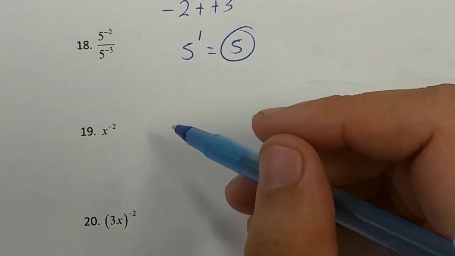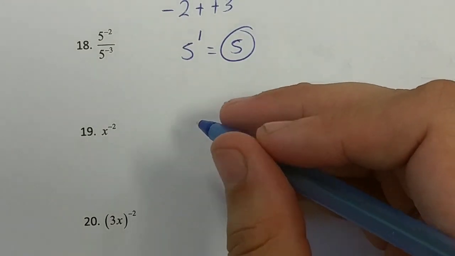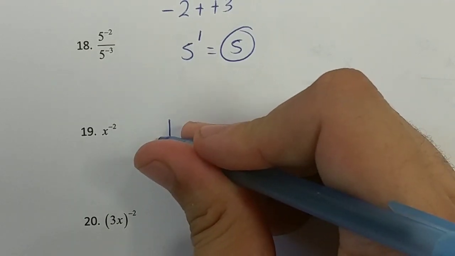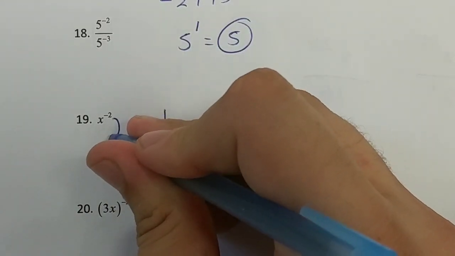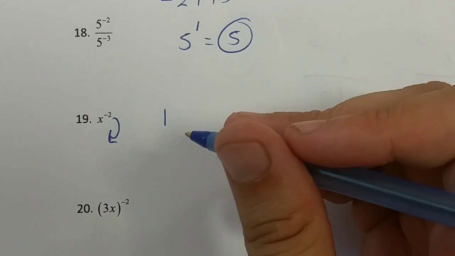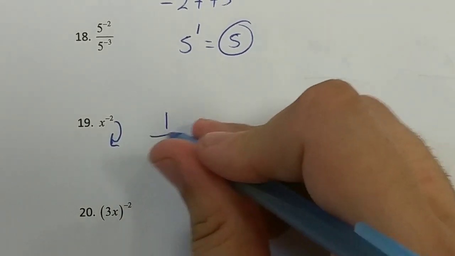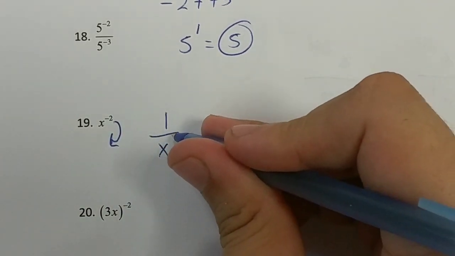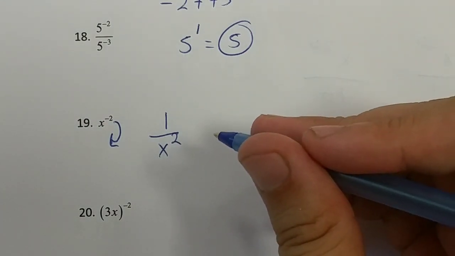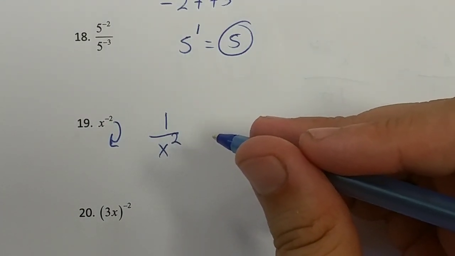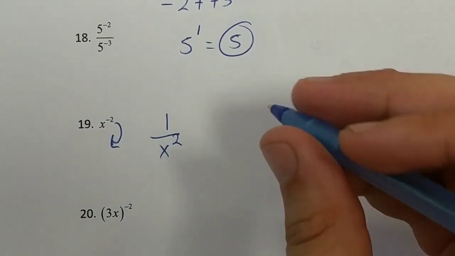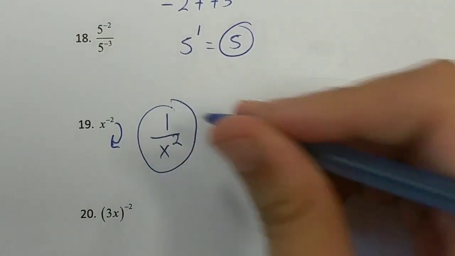Our next one, x to the negative 2nd power. We're going to go 1. To make it a positive exponent, you're going to move it down. And you're going to go 1 over x to the 2nd power. We're done there.